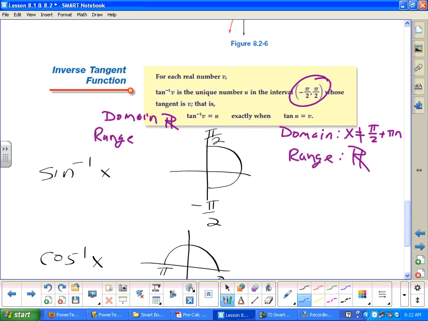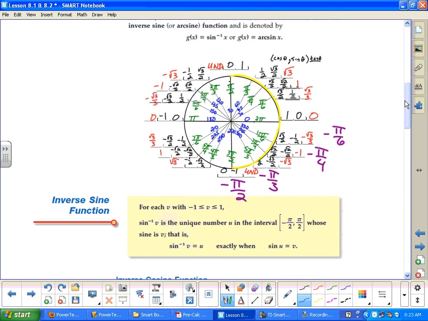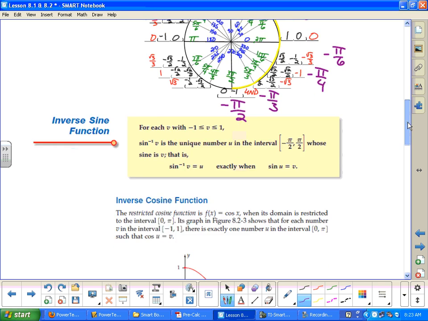But notice, here they use parentheses instead of brackets. Why? Because for tangent it doesn't include them. At pi over 2 and negative pi over 2, what is tangent? Undefined. So there's no values there, and we use the parentheses.